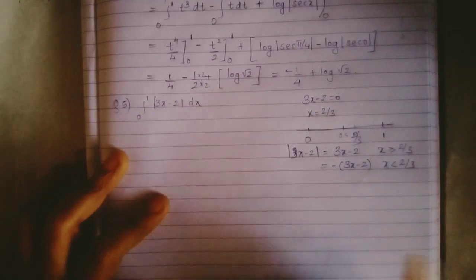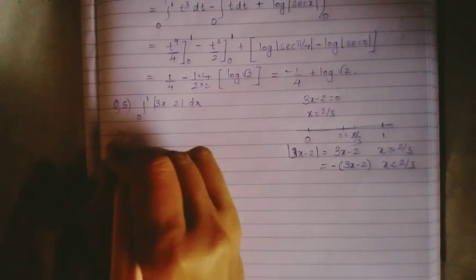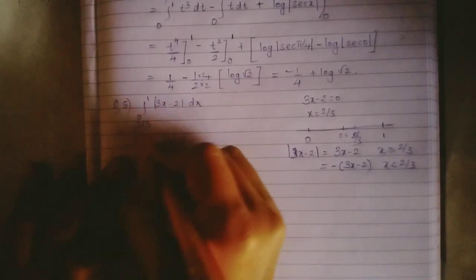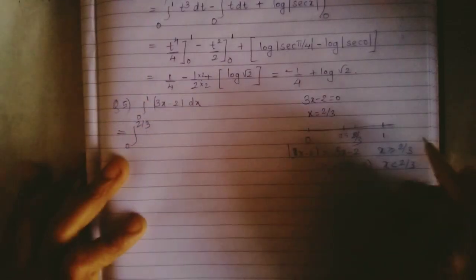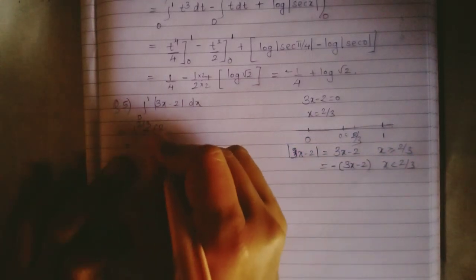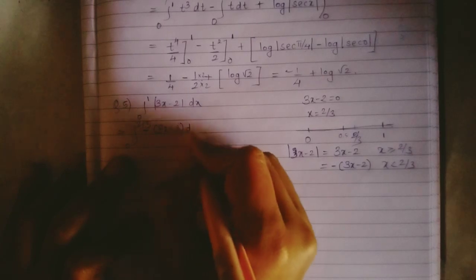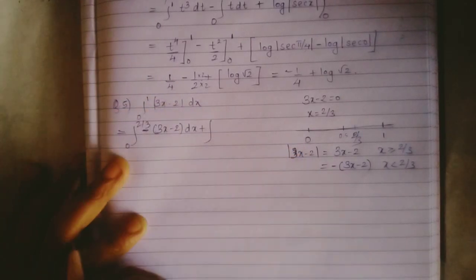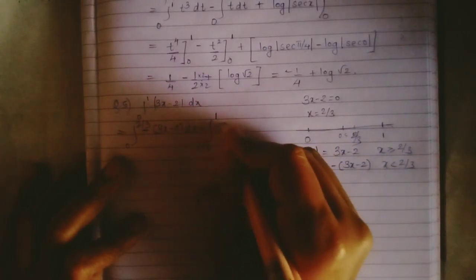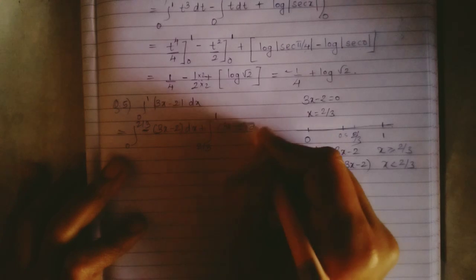Accordingly you have to write the limits: we can split 0 to 2 by 3, where we have minus (3x minus 2) dx, and from 2 by 3 to 1 we have to take (3x minus 2) dx.